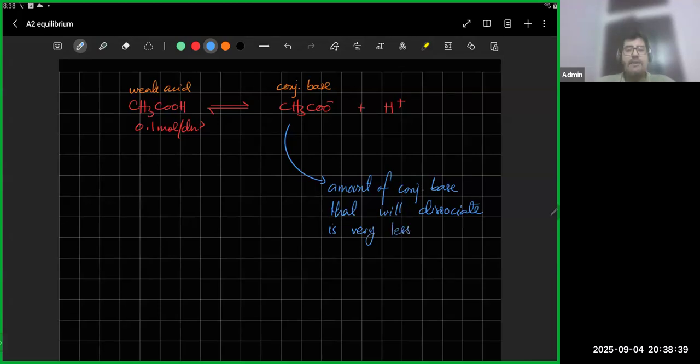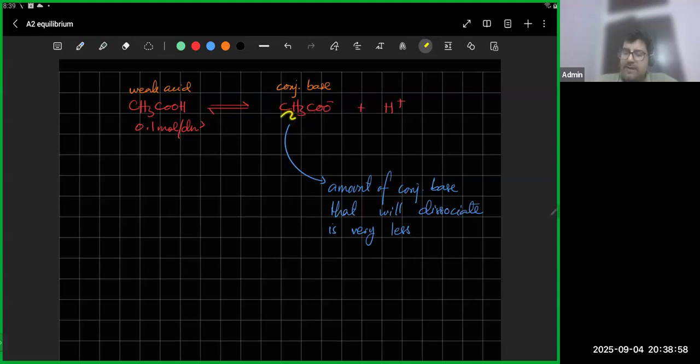So the problem is that ethanoic acid on its own is mostly just ethanoic acid. It has a few ethanoate ions, but it will probably not act as a buffer because it has very, very few ethanoate ions.